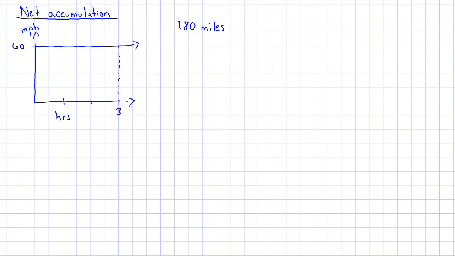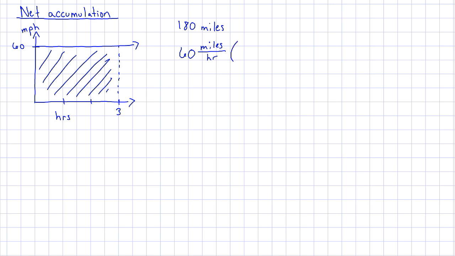But I can also approach that using a more geometric-driven method, which is to look at the area of this box. So the area under this curve, which happens to be a straight line, right? The area under this rate of change function can be found by multiplying the height, which is 60 miles per hour, times the width that I'm interested in, which is 3 hours.